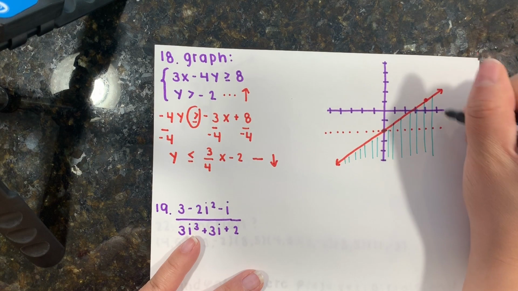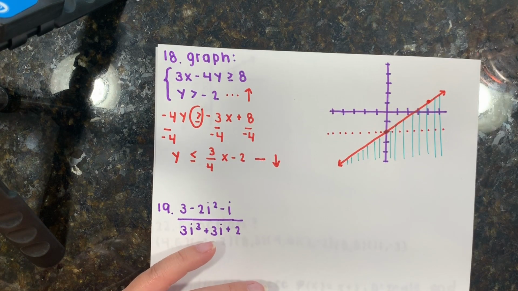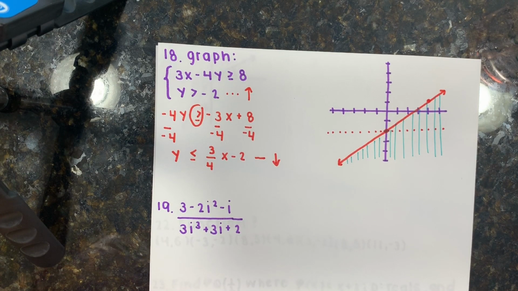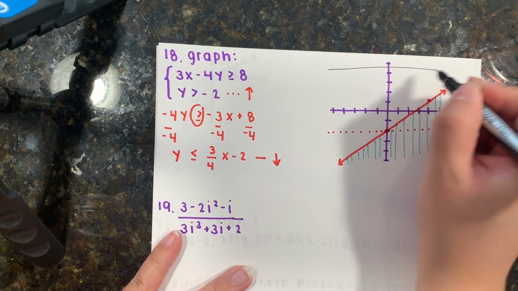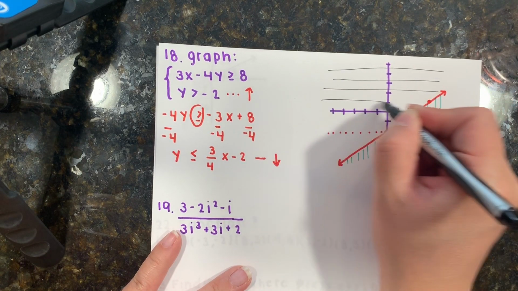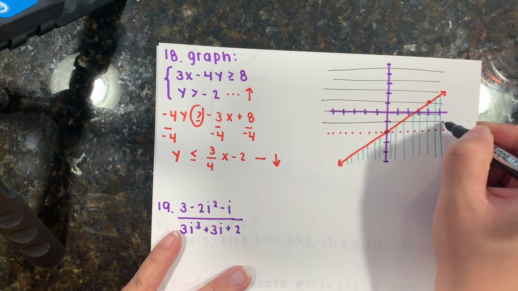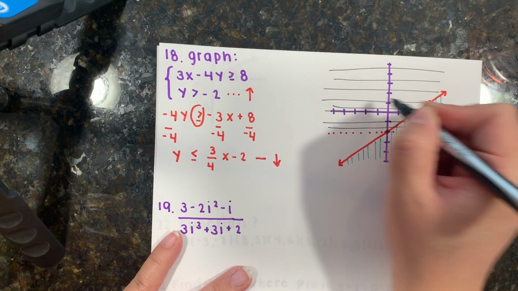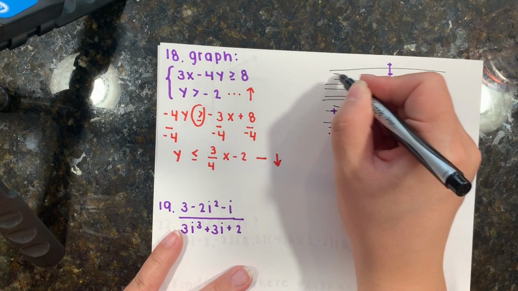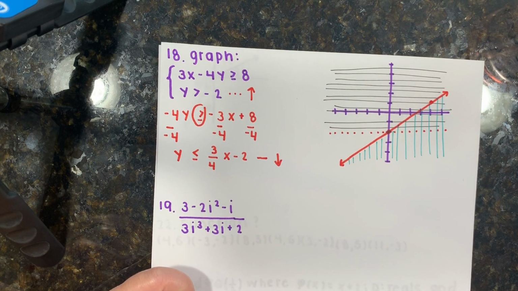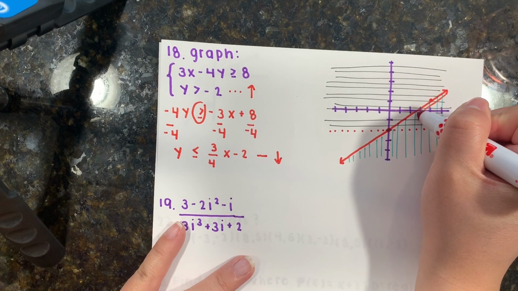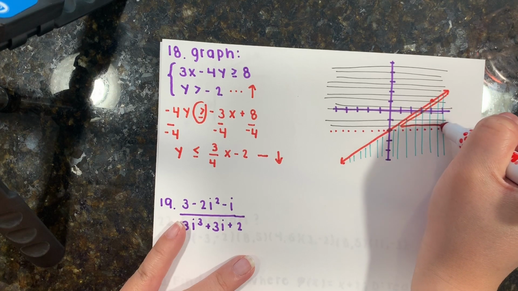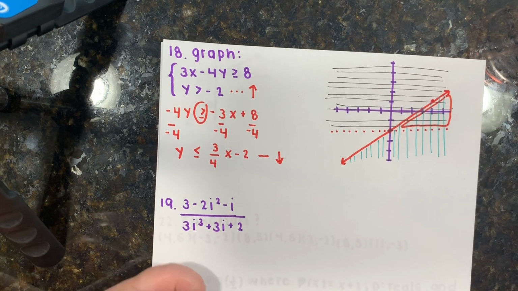Then if I want to shade everything above the dotted line, that would be everything up here. Everything above. So your answer is going to be the portion that's shaded by both, which means it would be the portion that's under this solid line but above the dotted line.